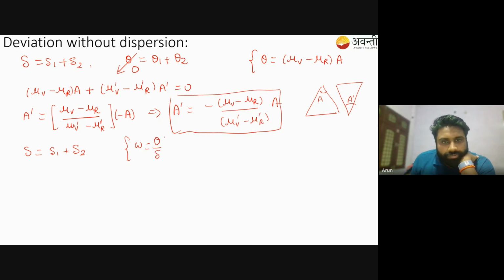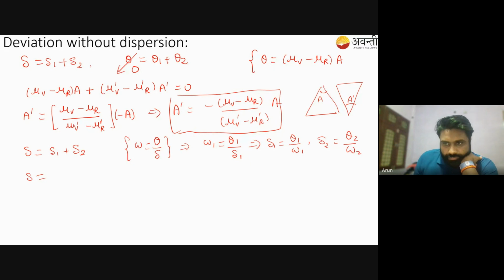So from this we can write omega 1 is theta 1 by del 1. So del 1 here is theta 1 by omega 1. Similarly, del 2 is theta 2 by omega 2.